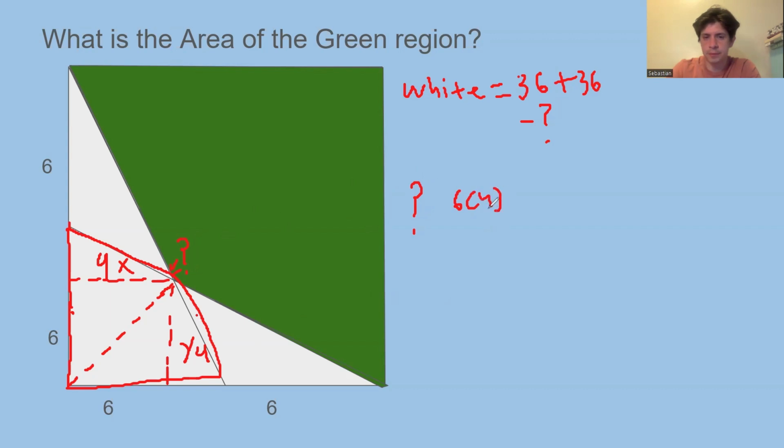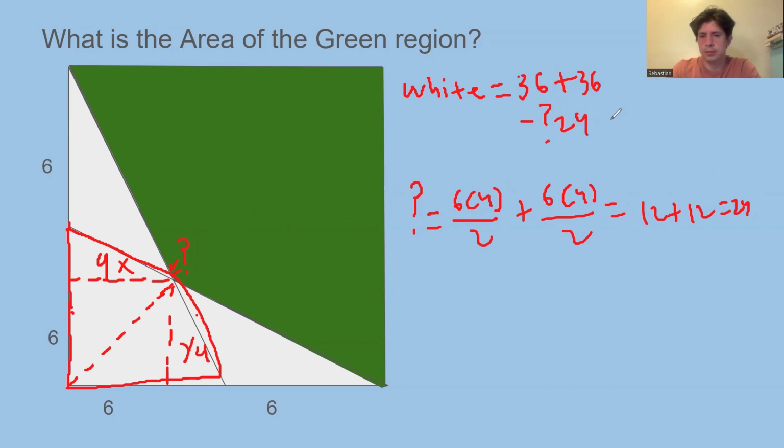So it's going to be 6 times 4 over 2 plus 6 times 4 over 2. Gets you 12 plus 12 equals 24. So this is going to be 24. So it equals 72 minus 24, 48.